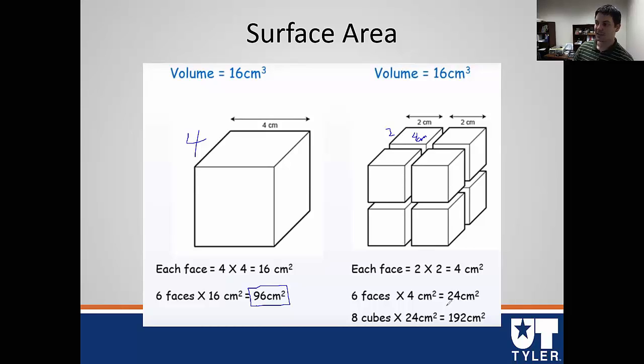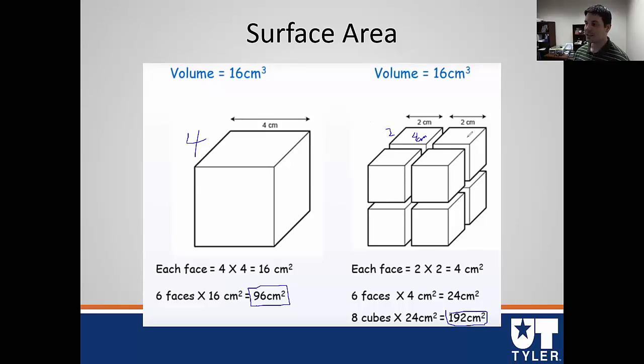Again, we have 6 faces on a cube, so each cube is 24 centimeters squared. However, when we make this up, we have 1, 2, 3, 4, 5, 6, 7, 8 cubes. Therefore, if we multiply 8 times 24, we get a total surface area of 192 centimeters squared.